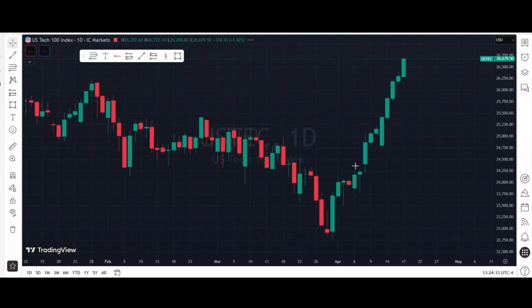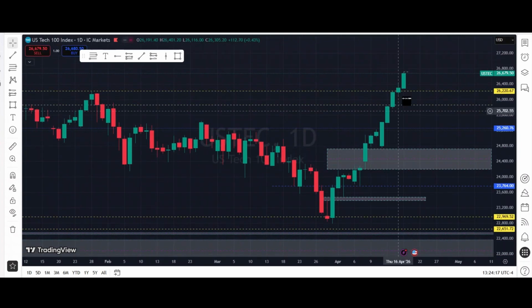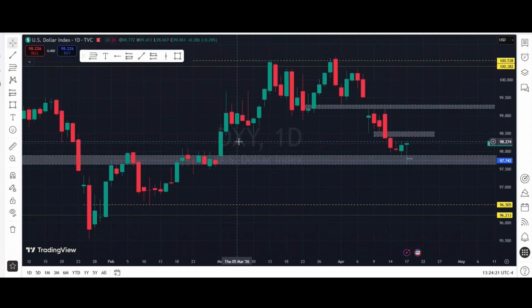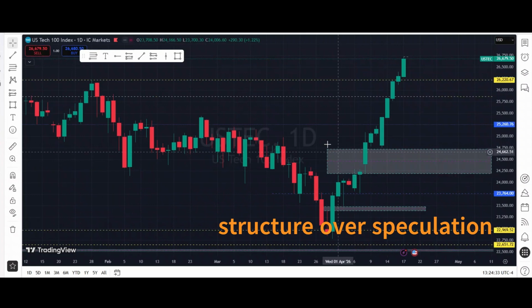And for USTEC, we will see what the market does at this level, using the USD dollar index at this level, which has given us a clue that the market might probably go up a little bit, even if it's going to continue down, which has given us a clue to trade our Nasdaq.